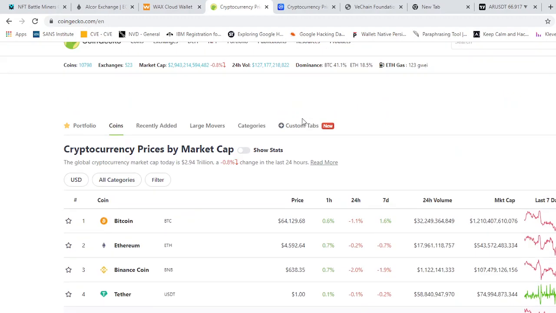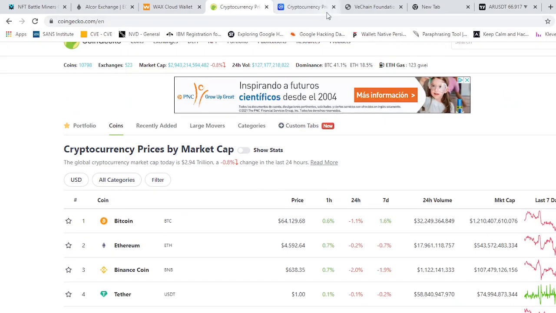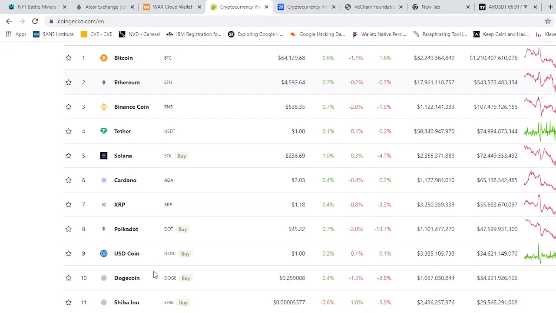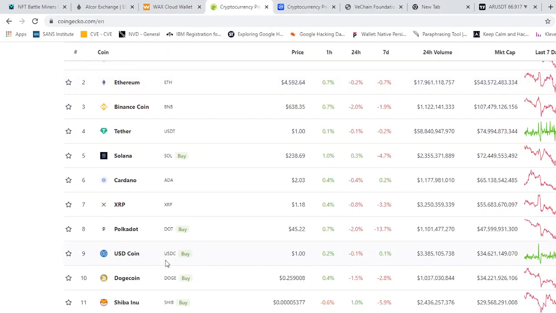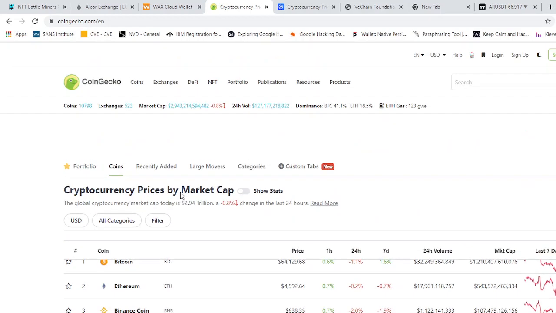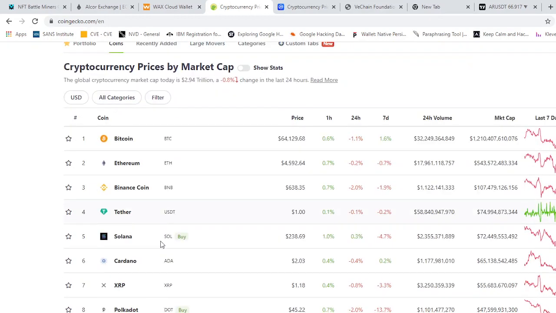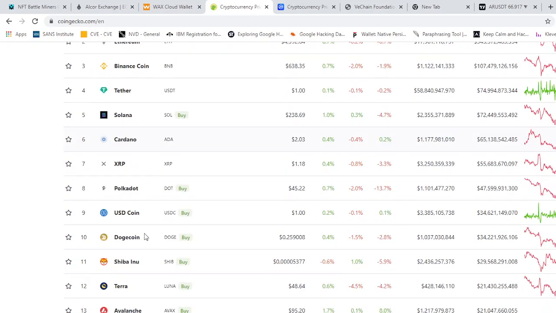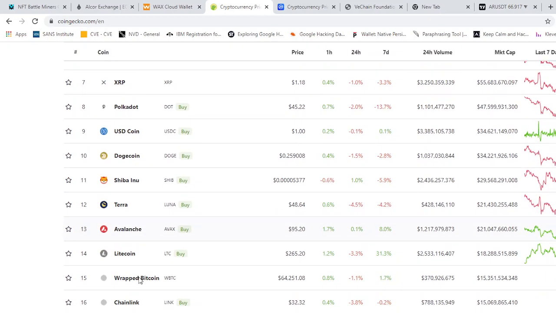When you're researching a coin, you want to make sure that you're going to the correct website and that it's not a scam site or anything. You come here to CoinGecko and click on a coin.